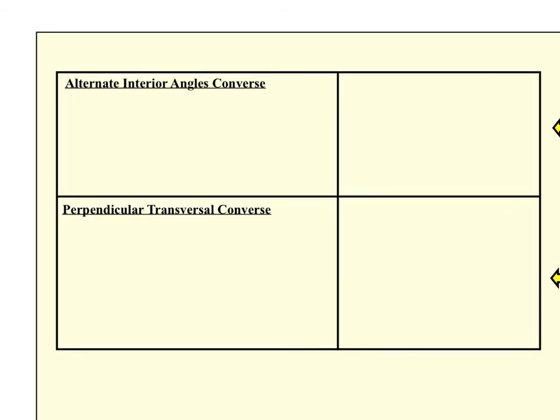So the alternate interior angles is the same idea, except just the pair that we haven't talked about yet. So if two alternate interior angles are congruent, then the lines are parallel.